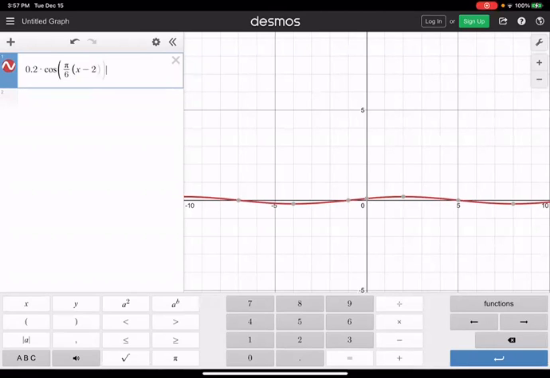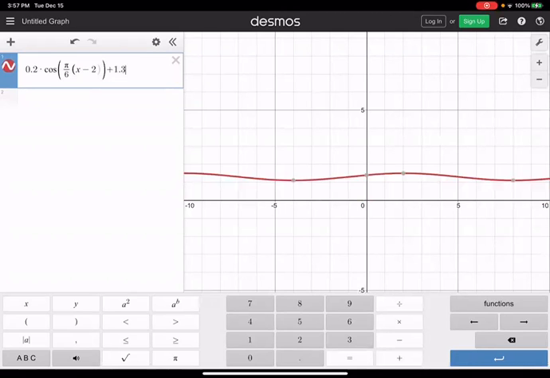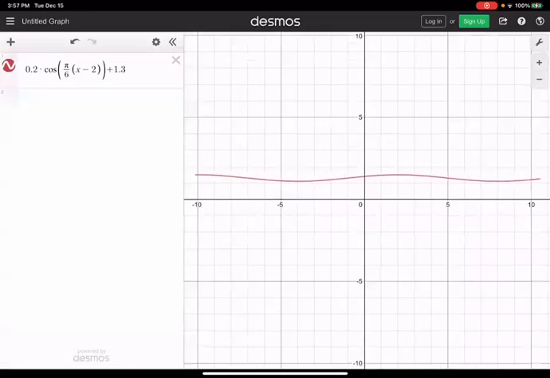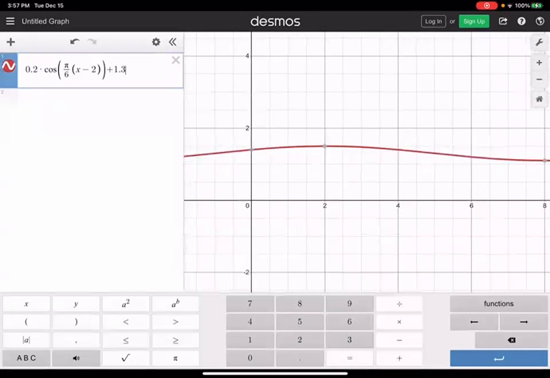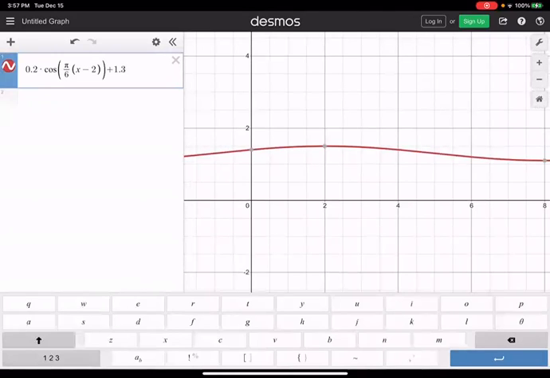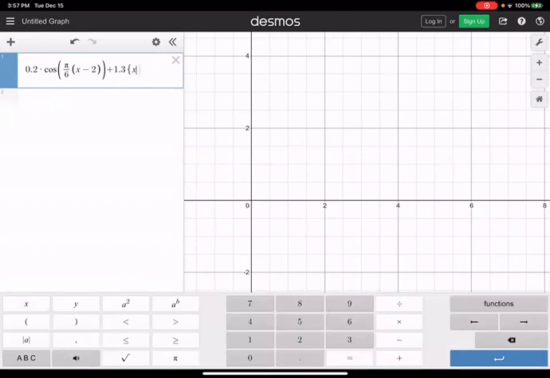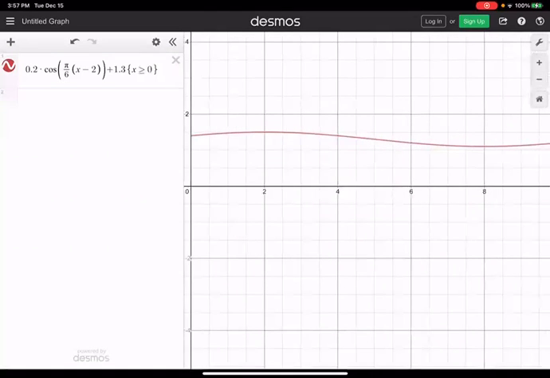Correct? And then plus 1.3, okay? So we only take care of the positive part. So we are going to make a restriction that x is bigger than or equal to 0, okay?